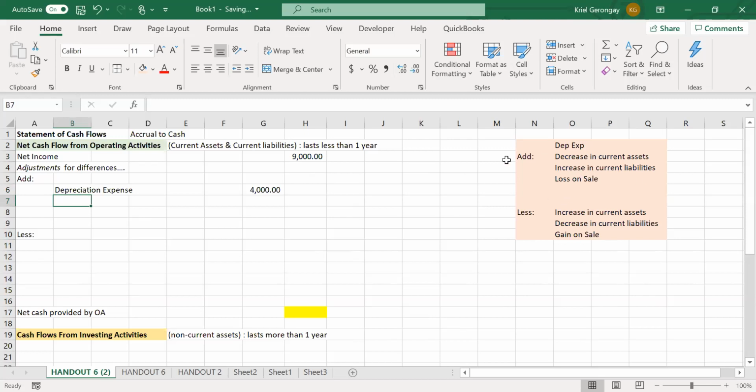So if you look at this chart, since inventory is a current asset, decreasing inventory, you would have to add the amount back. So decrease in inventory.